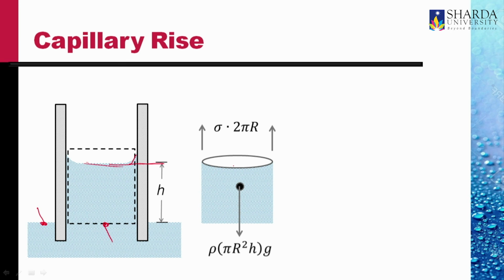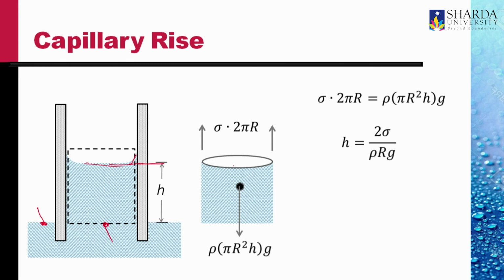Clearly, at equilibrium, the two forces must balance, and therefore we get the capillary rise h equal to 2 sigma divided by rho r g. The larger the value of r, the less is the capillary rise.